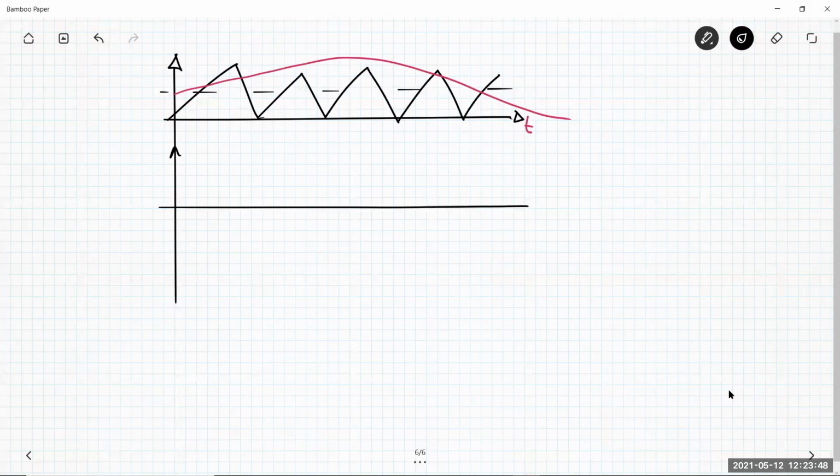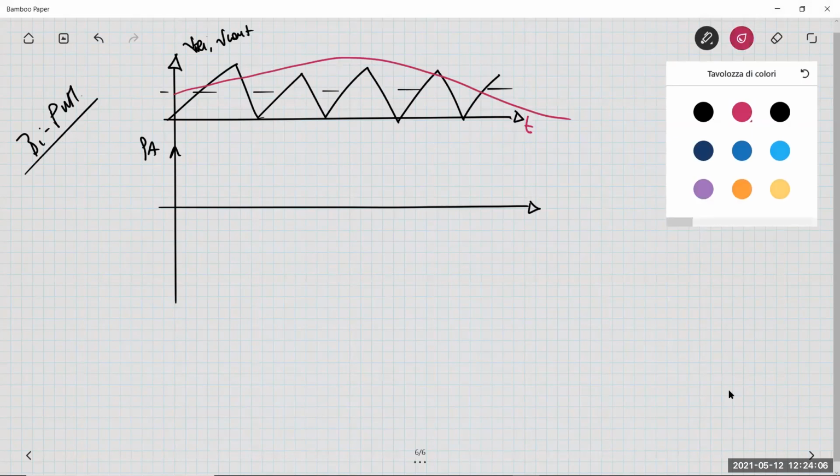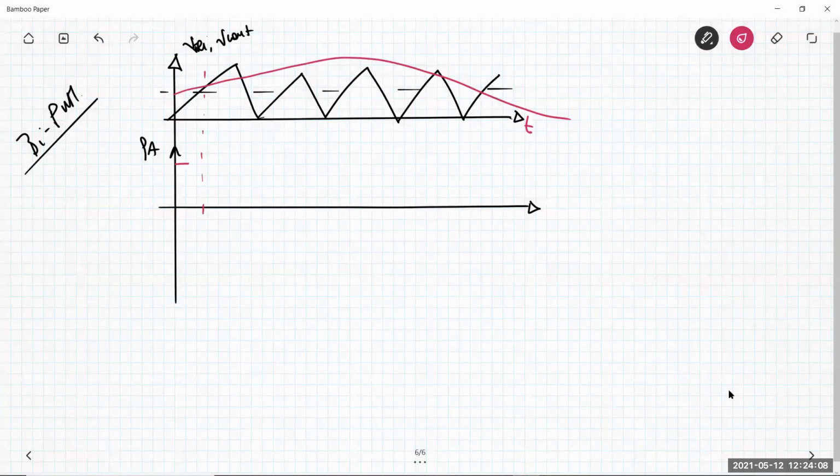I hope that this does not confuse the idea, but this is the triangular waveform and the control voltage. We are talking about bipolar pulse width modulation. What happens for QA? Nothing changes with respect to the previous discussion. We have to consider the comparison between the two curves, and then we have something like this.